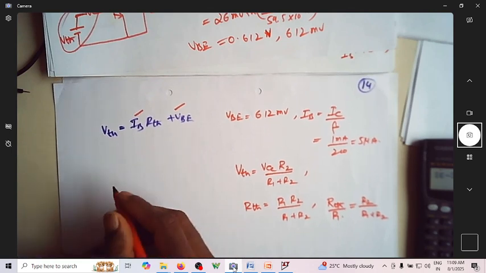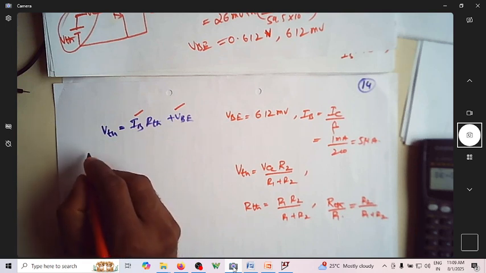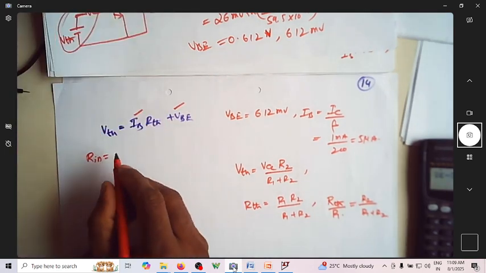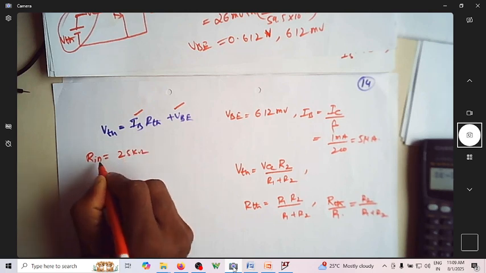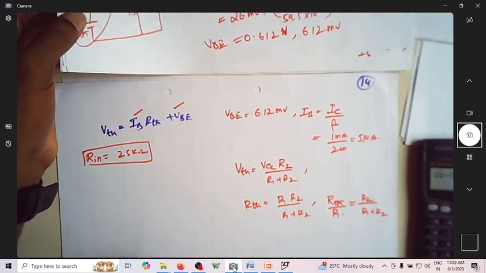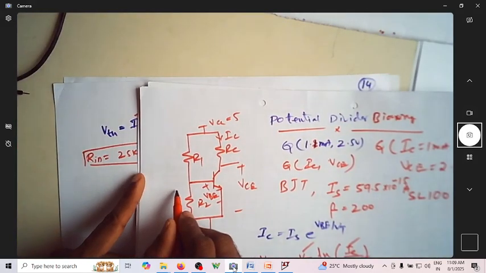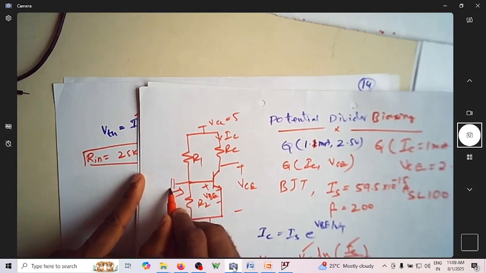Let us assume the input resistance of this MOSFET, let it be around 25 kilo ohms. Whenever I want to design a circuit, this is where I'll be applying the input voltage.